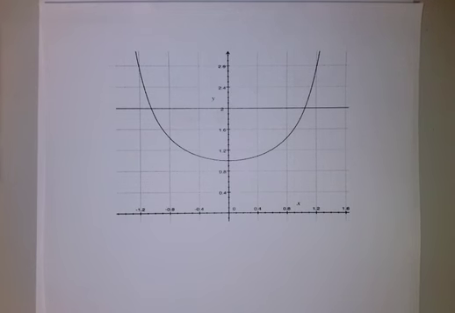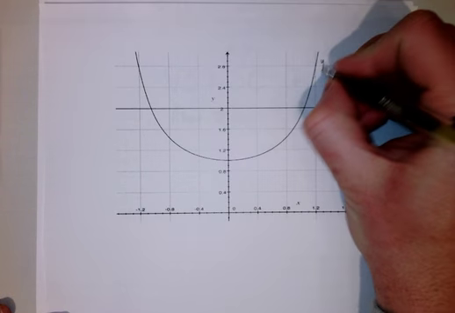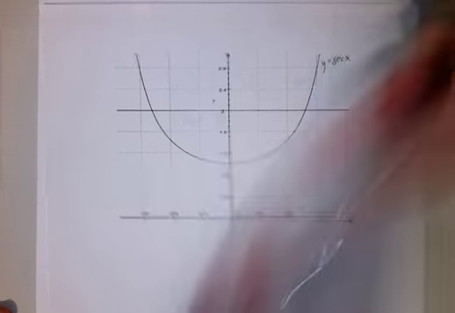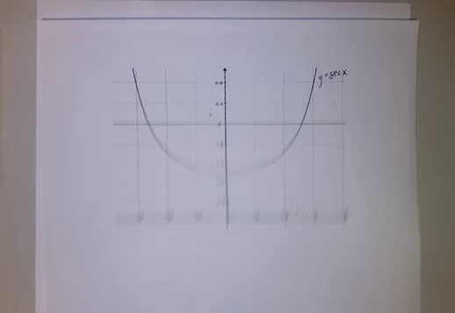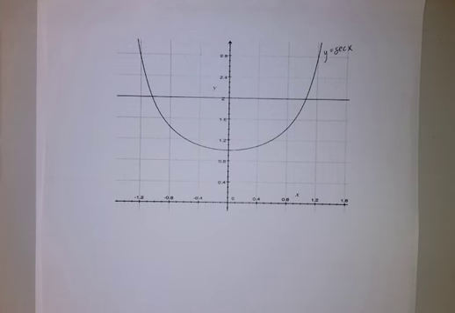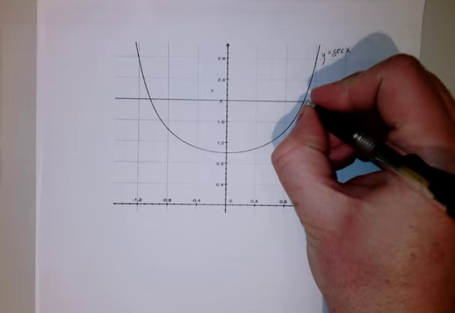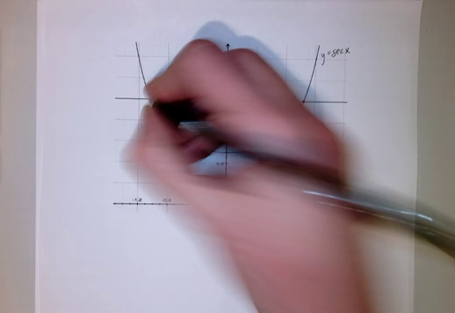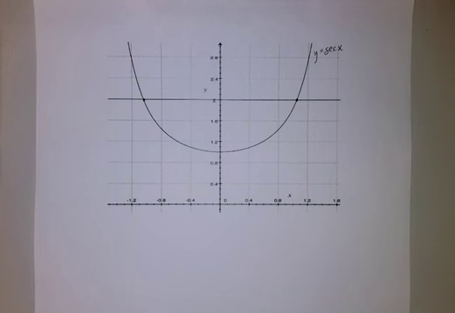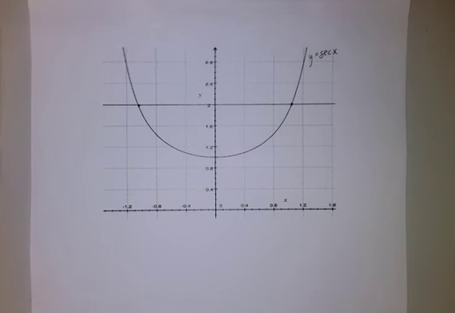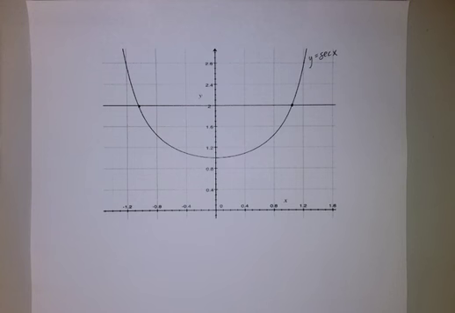Now, if we look at y is equal to secant x, and forgetting the mistake that I just made, we're actually going to have to find those points of intersection. And it's actually not pi over 2. I misspoke. It's pi over 3. Because remember, cosine of pi over 3 is going to be 1/2.